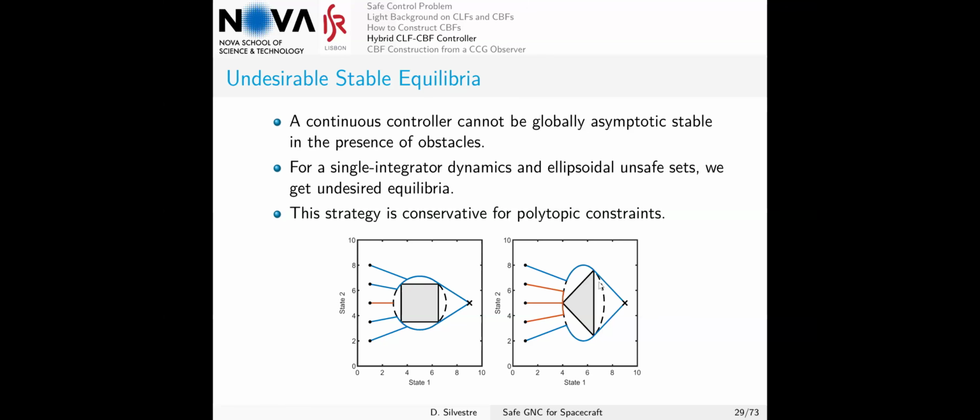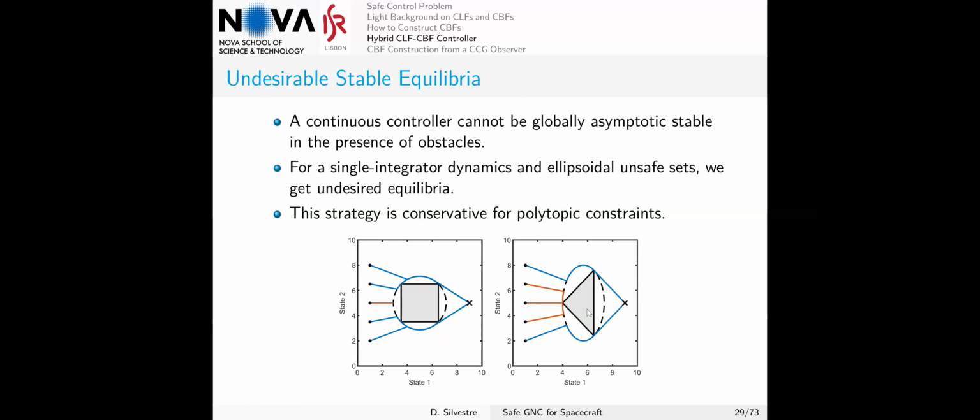But this can be made worse. If you have this ellipsoid right here that was used to upper bound the triangle, then you have a bunch of initial conditions that drive to this region. Normally when this is discussed with circles, one thing you can say is that in practice you have noise and disturbances, so you are not specifically aligned with something, so this is a negligible problem.